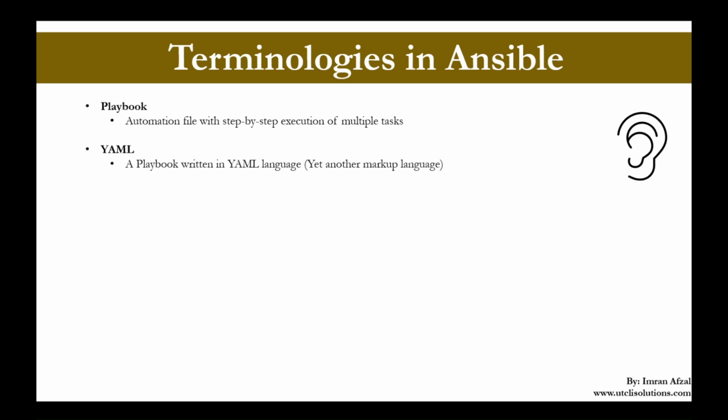A playbook is written in YAML language, and YAML itself stands for yet another markup language. So the format that is written within a playbook, that format is called YAML.